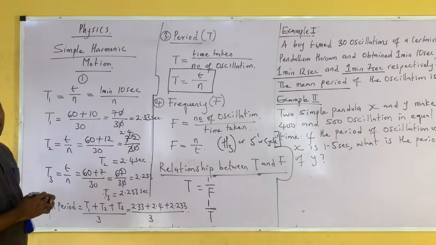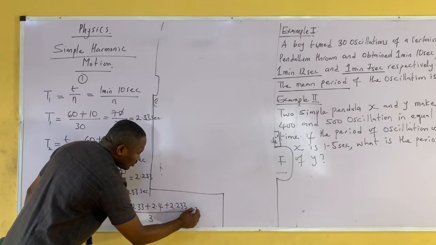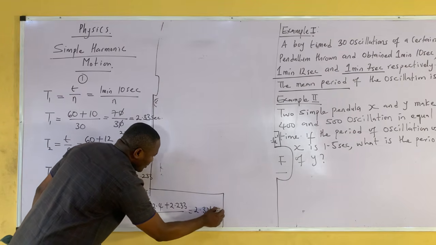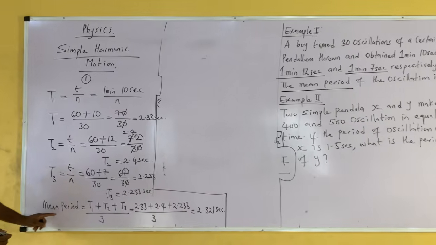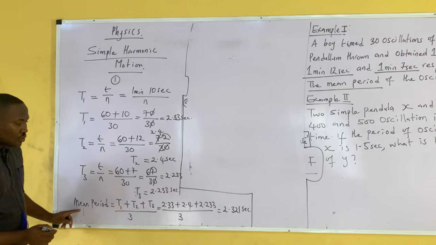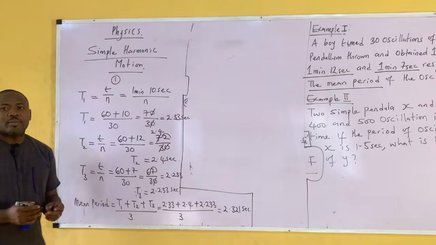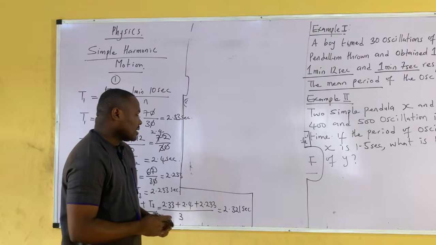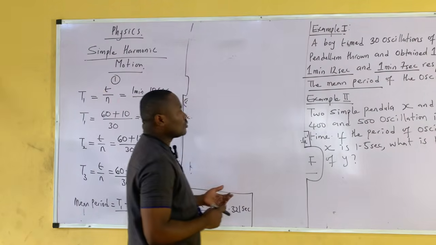So when we divide that, the total answer will be 2.321 seconds. Because it was mean, I have to add up the 3 and divide it by 3. So the final answer is 2.321 seconds.